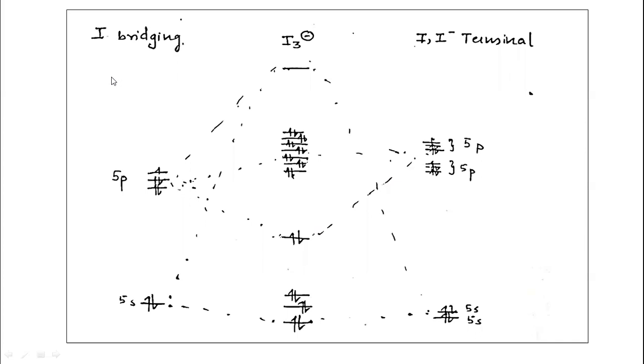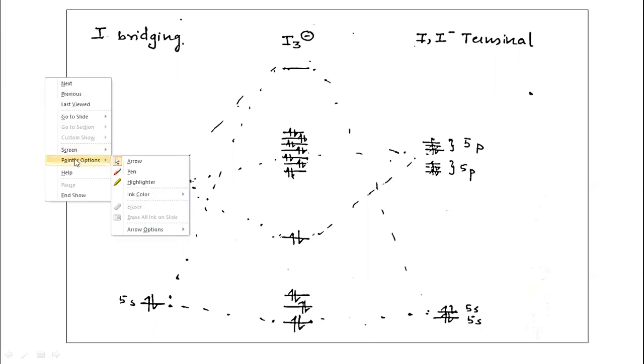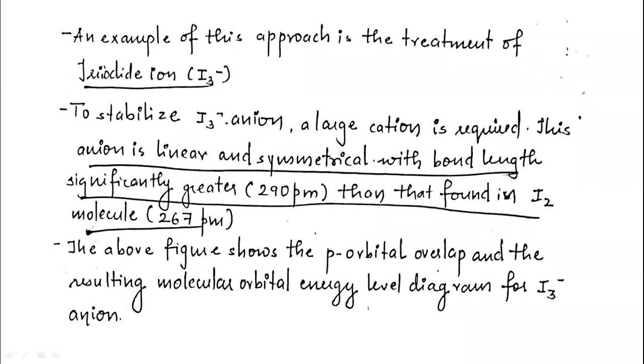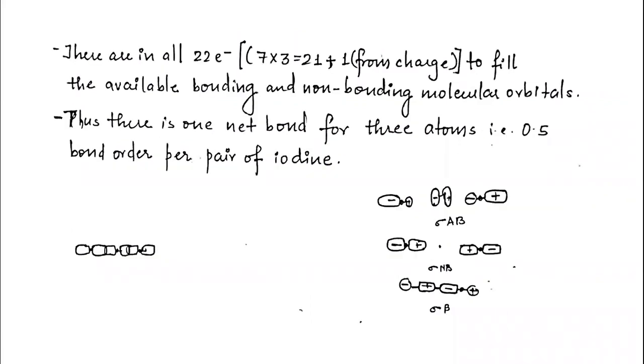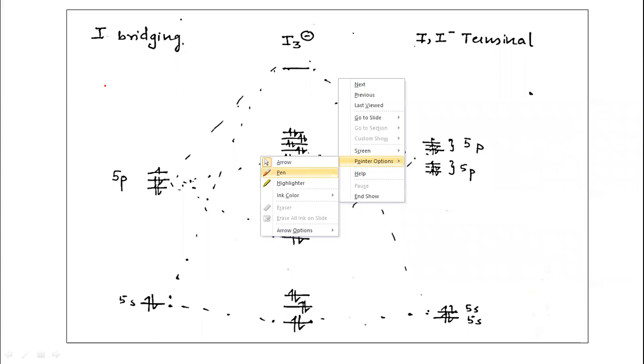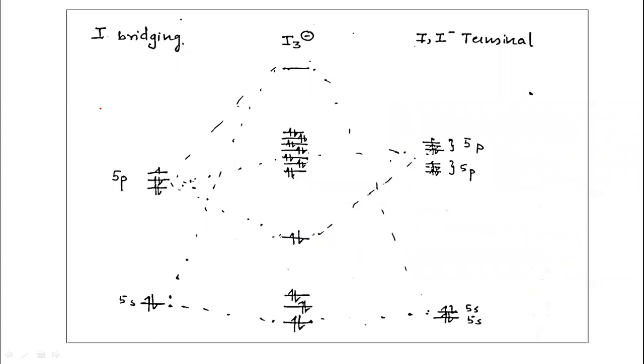Now we know the electronic configuration of iodine, atomic number 53. So let us write here the electronic configuration of iodine first. Iodine is a halogen element.